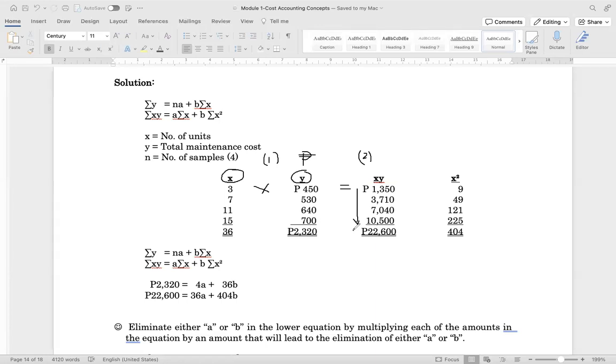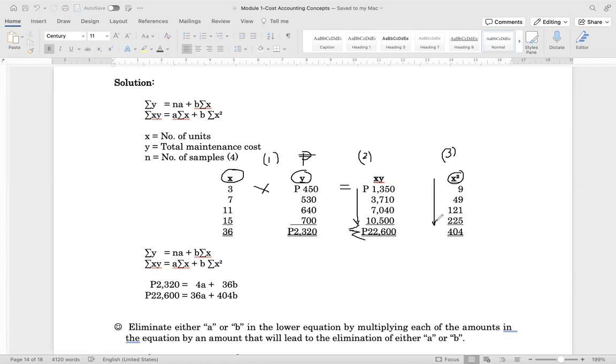So you have here summation of XY. And step 3, for 3, 7, 11, and 15, you have to square this number of units. X squared.